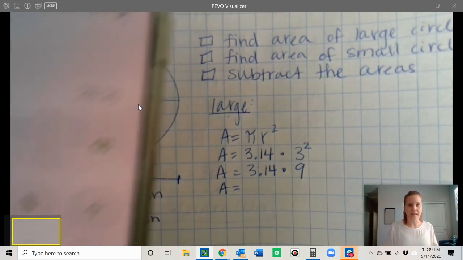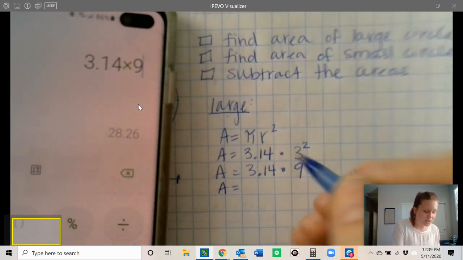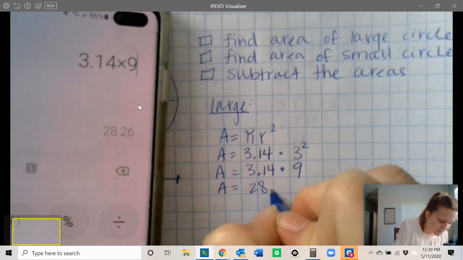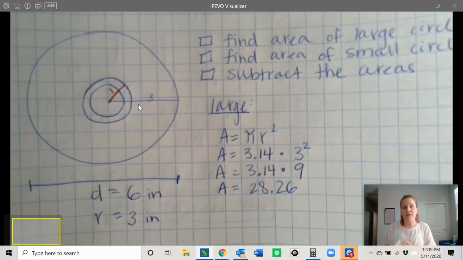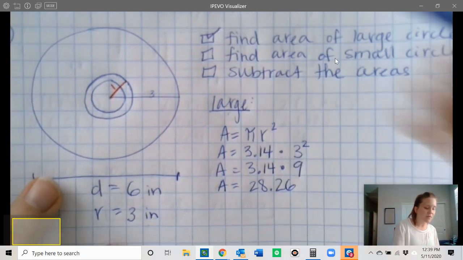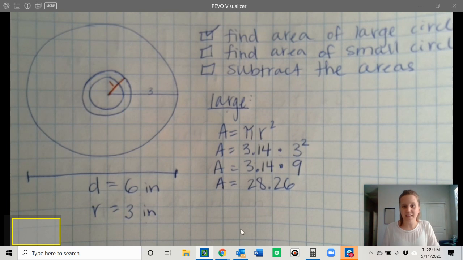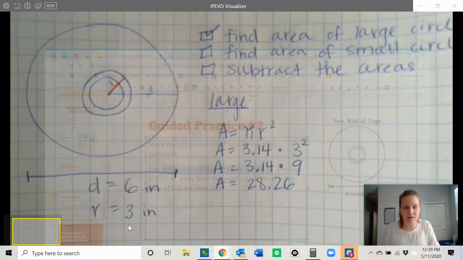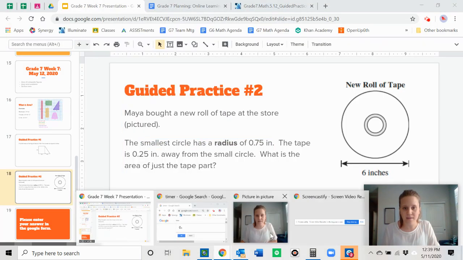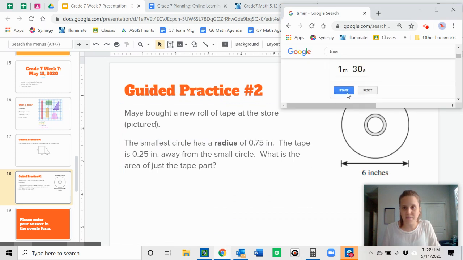All right, friends, I got 28 and 26 hundredths. We have found the area of the large circle. But that is not yet our answer. We're going to find the area of the small circle, and then we're going to subtract them. Okay, you're going to finish that on your own. I'll put the question back up on the board. And please take a minute and a half to finish this question.